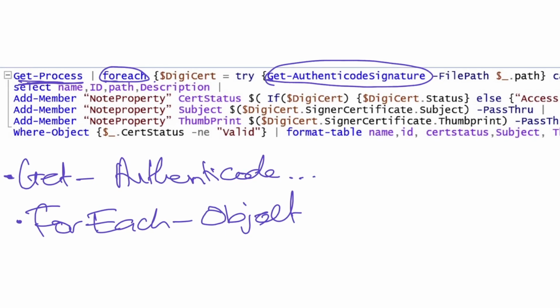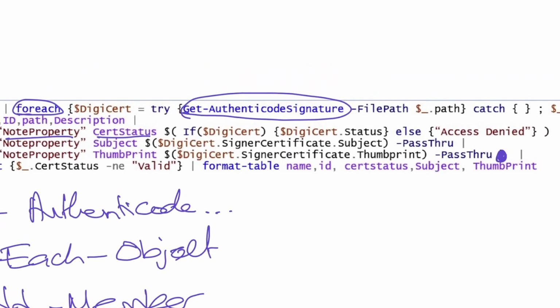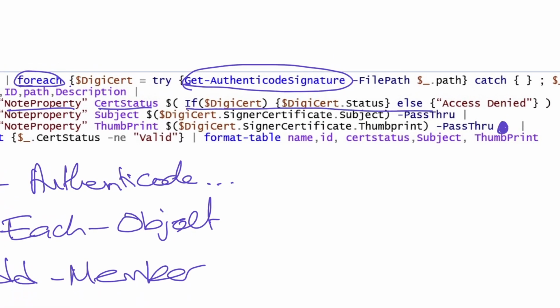When we get that signature, I'm gonna use Add-Member. I'm gonna say here Add-Member and add on to that particular object that we get back the NoteProperty and the name of the NoteProperty with some conditions, again, if and else conditions.